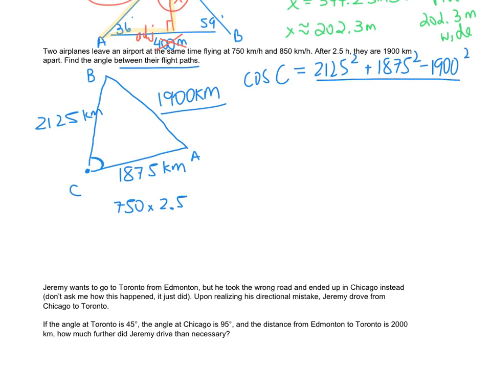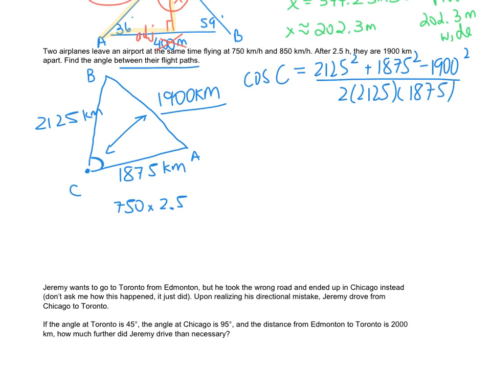It doesn't matter the order you put the first two sides, but that 1900 that matches angle C has to be the side that's being subtracted. And then all over 2 times those first two sides.